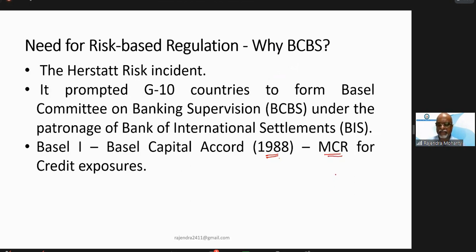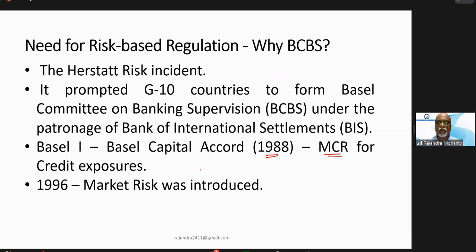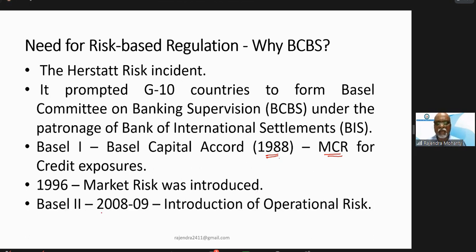So basically, the Basel I Accord was carried out in 1988, where the minimum capital requirement was suggested for credit. Then in 1996, market risk was introduced, since they thought that banks were also losing in the investment portfolio.